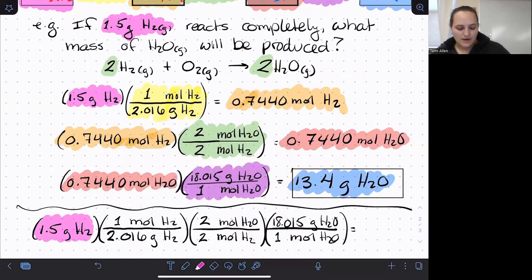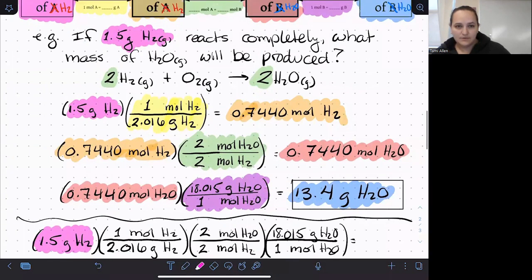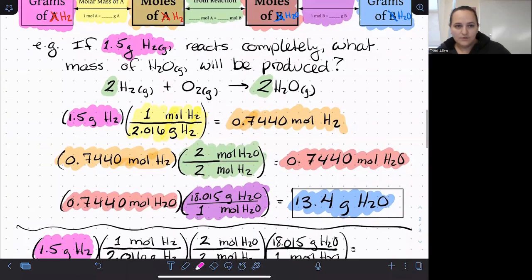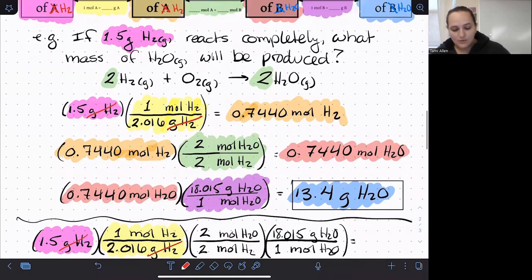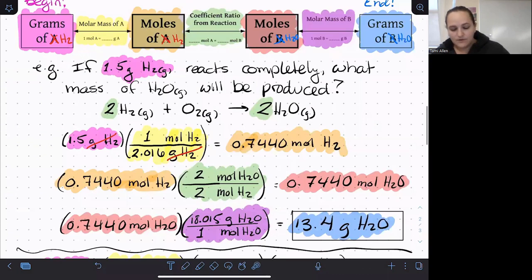So this is exactly the same process, starting with my mass of my reactant, which was where we started. Then we needed to use our molar mass of that substance to convert from grams to moles. We can see that grams of H2 cancels grams of H2 here, just like it did up here. Next step in our process was to convert from moles of substance A to moles of substance B using our coefficient ratio.